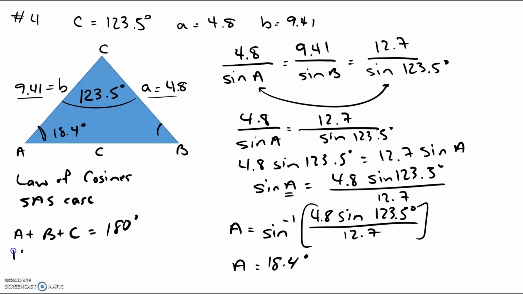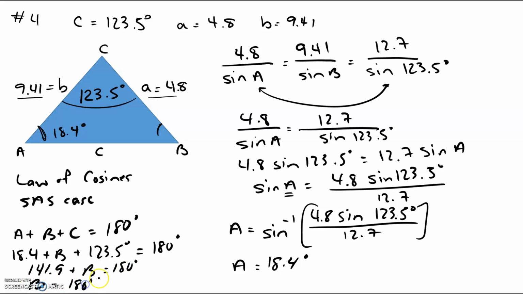So 18.4 plus 123.5 is 141.9, plus B is equal to 180. So B will be 180 minus 141.9, which gives us 38.1.